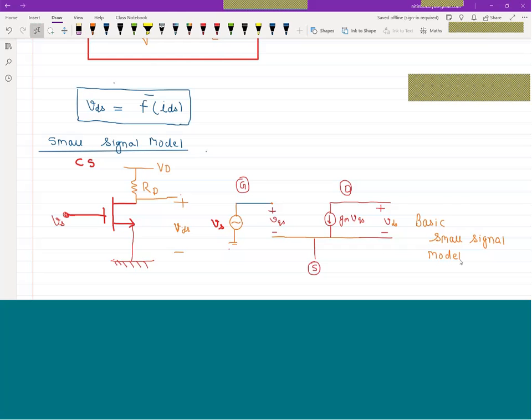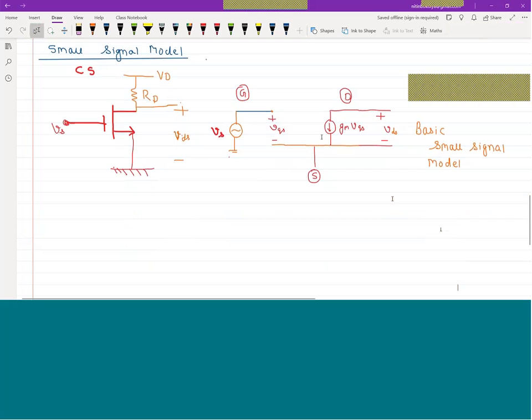For our common source circuit, we are having VS. So let's start with this.